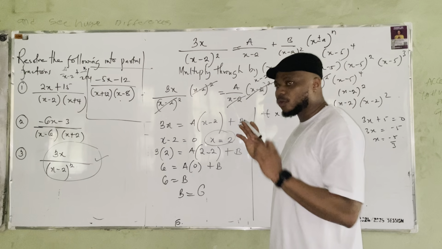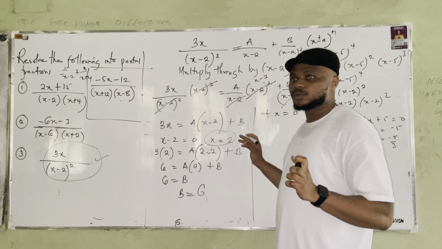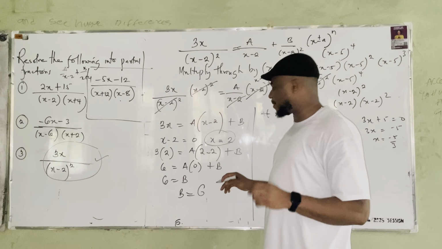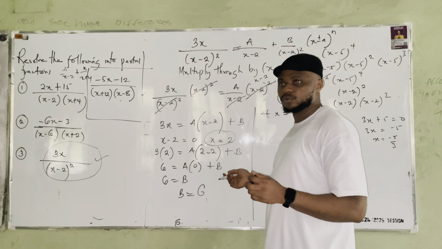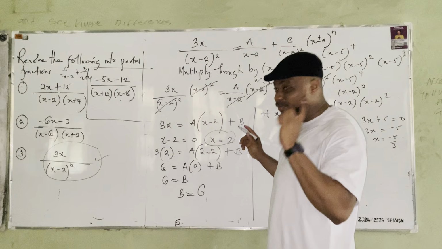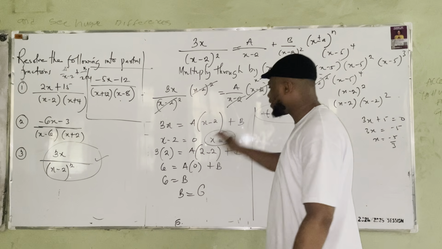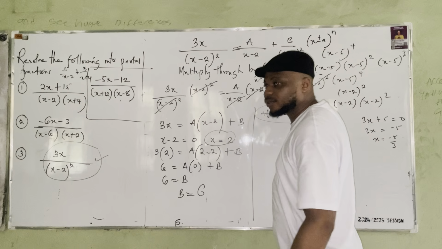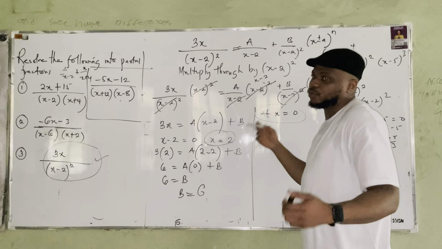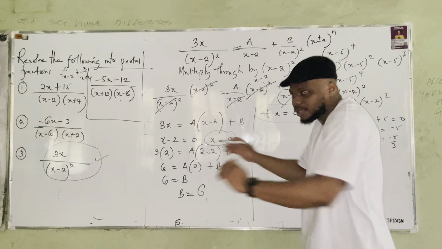The next most convenient one to use is 0. The reason why you're using 0 is so that you can get the remaining unknown. So please don't forget, for this particular one that you are not equating to 0, just say let x be equal to 0.